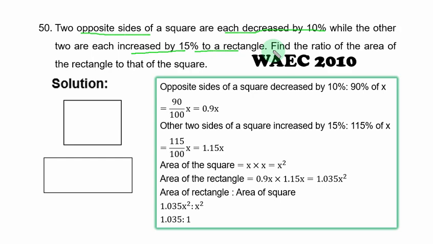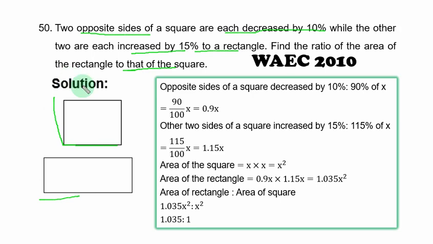Find the ratio of the area of the rectangle to that of the square. Solution: this is the square mentioned in the question. After the decrease and increase, we have this rectangle.